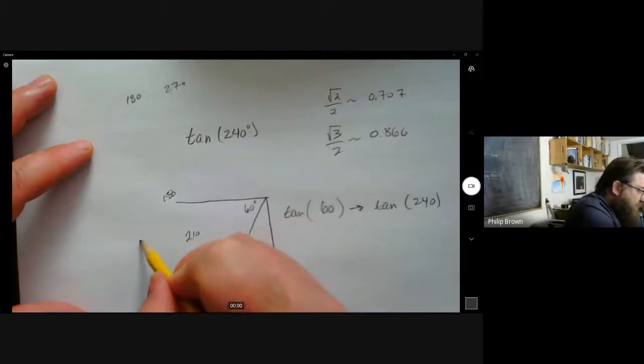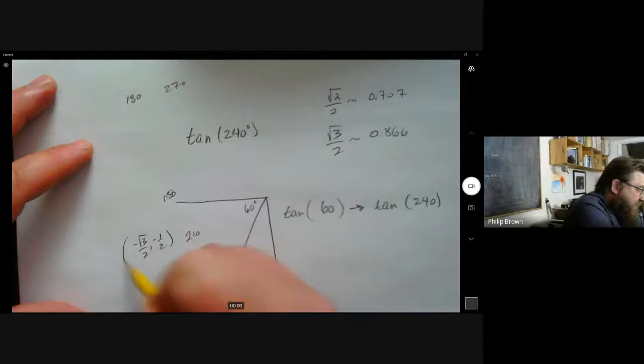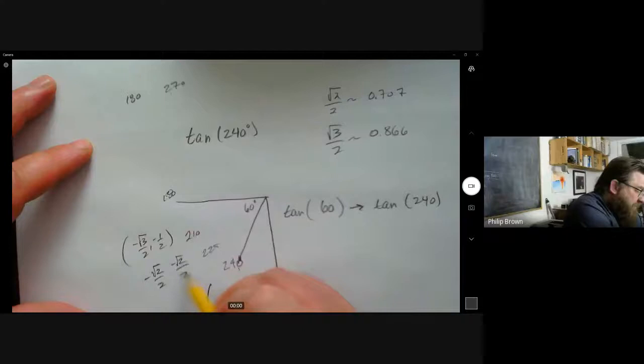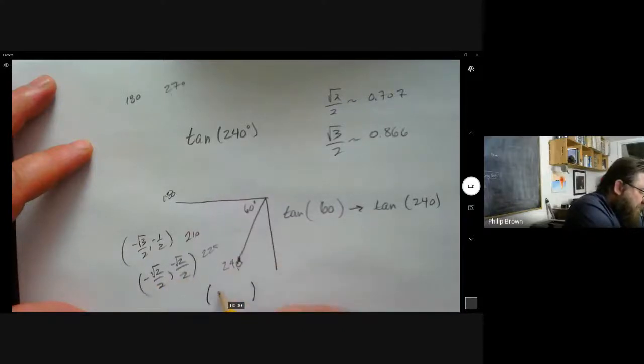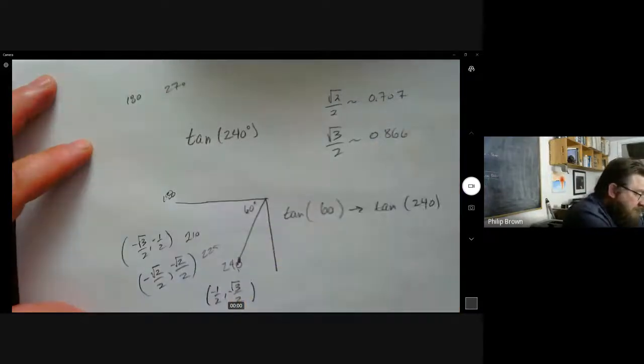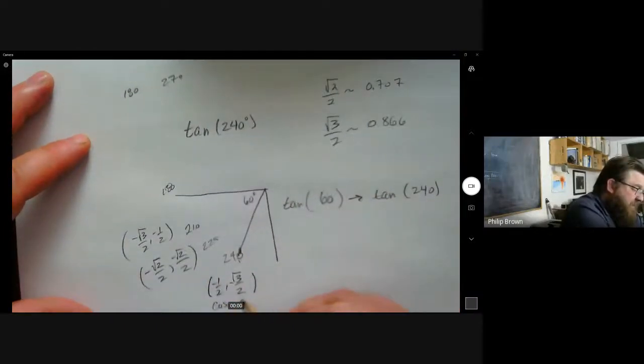This one right here is going to be negative root 3 over 2, negative 1/2, and then negative square root of 2 over 2, negative square root of 2 over 2. And then this one is negative 1/2 and negative root 3 over 2. Yeah? So that's cosine and that's sine.